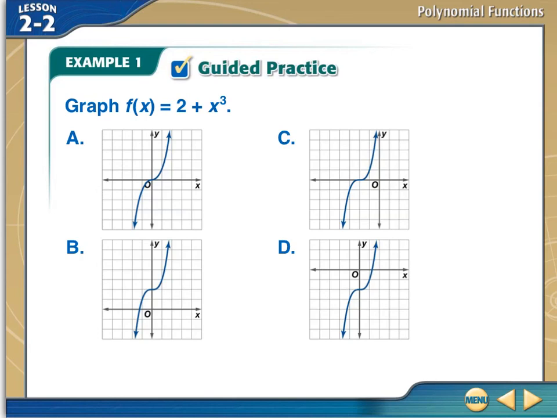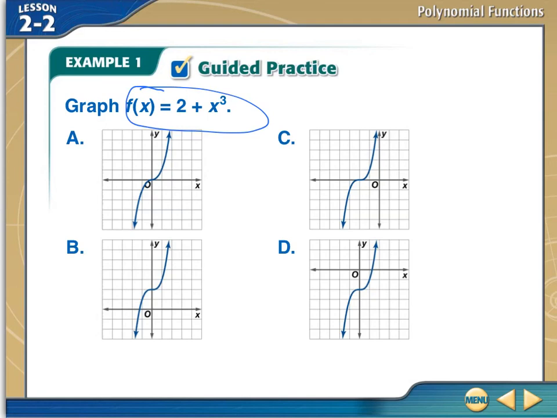Okay, example 1, guided practice here. I'm going to check your understanding of what we've been talking about. Here we're asked to graph the function f of x equals 2 plus x cubed. I would like you to graph this function and identify which graph, A, B, C, or D, matches that function.